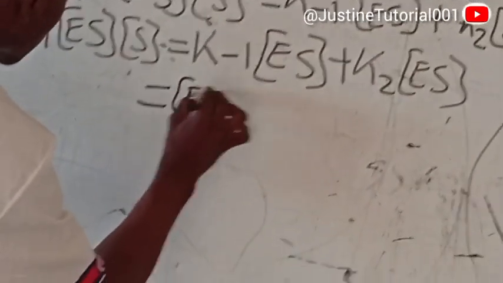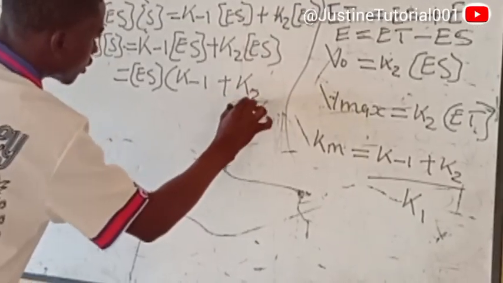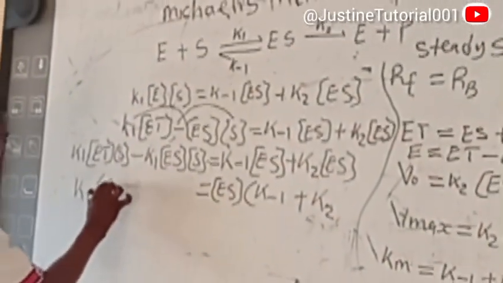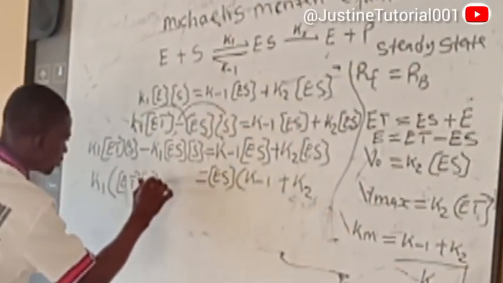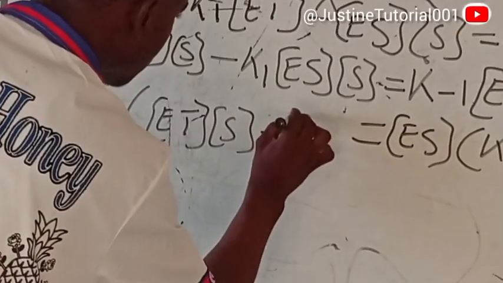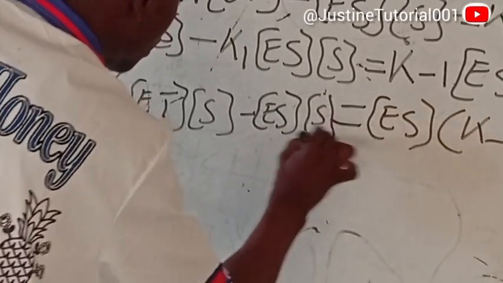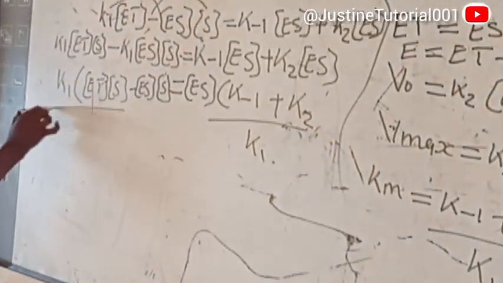Since they are like terms, you just choose enzyme-substrate complex times K minus 1 plus K2. Same to this other side: K1 times enzyme total and substrate minus enzyme-substrate complex and substrate.